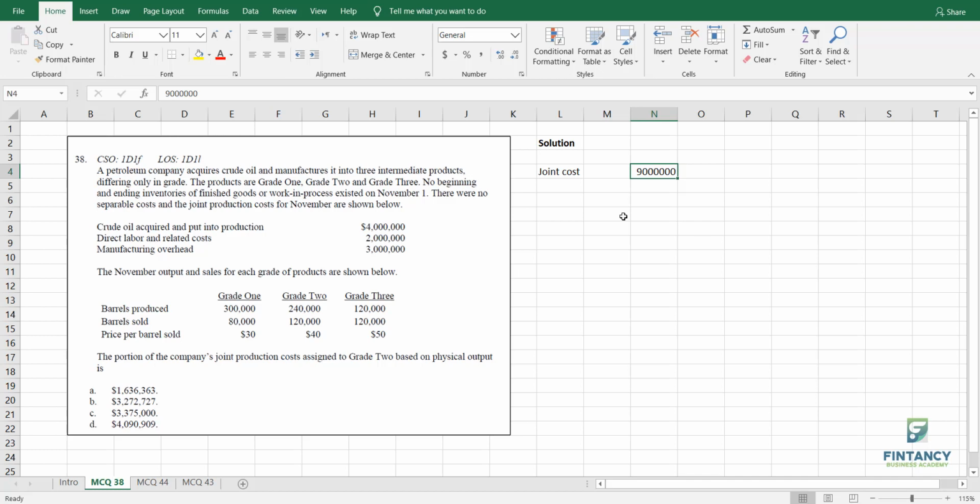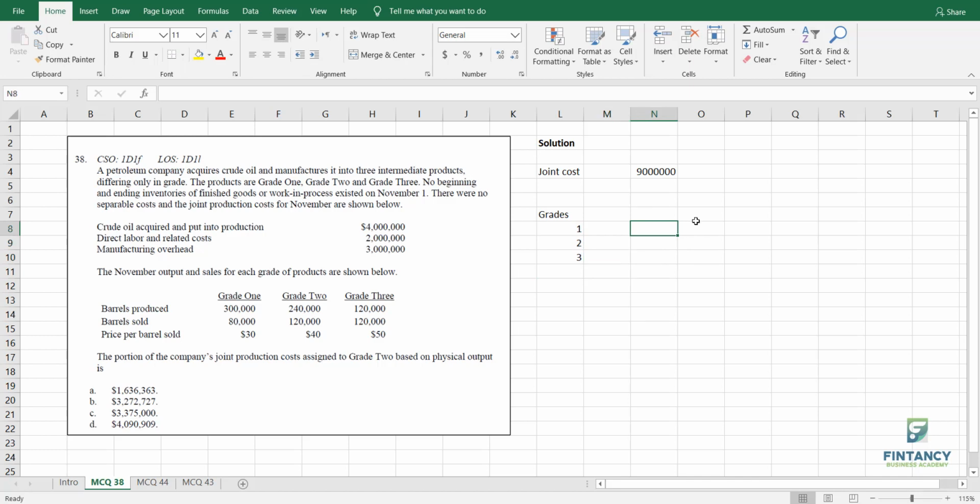This question talks about the physical output method, so the price per barrel is irrelevant for us. Similarly, barrels sold are irrelevant. Let's see how much will go to grade 2. It's a very simple question, you can easily do it within 30 seconds.